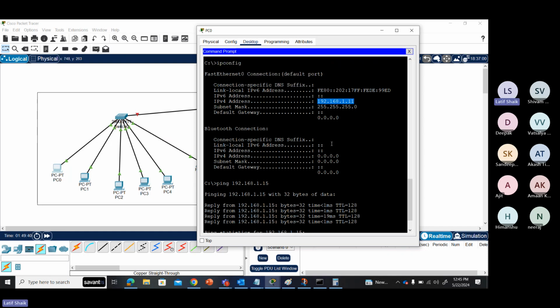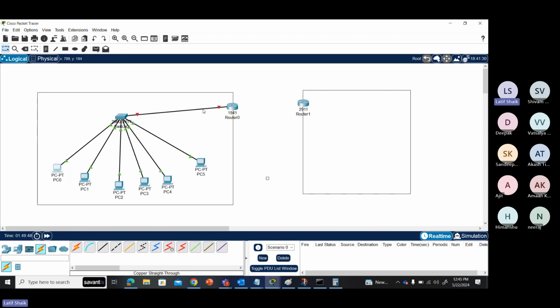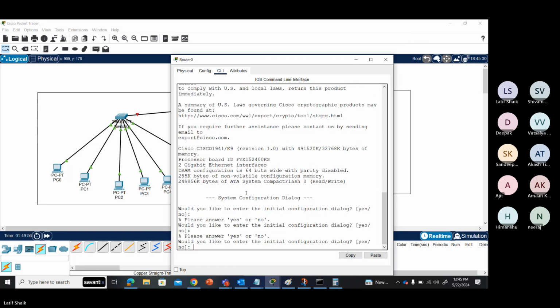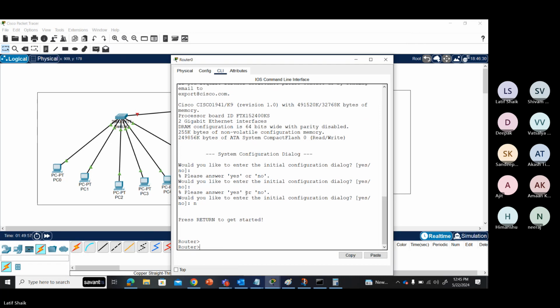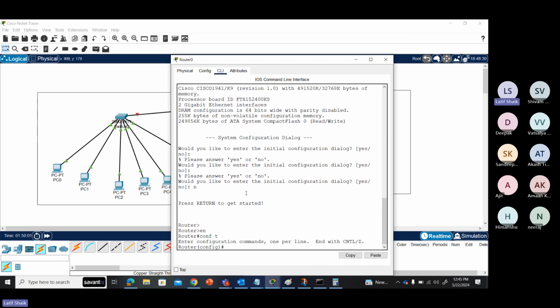But for example, if I'm trying to communicate with 2.11, it may not be in my network. So it will try to send a packet to outside of the network. The port is not enabled. So don't worry about the configuration I'm doing.